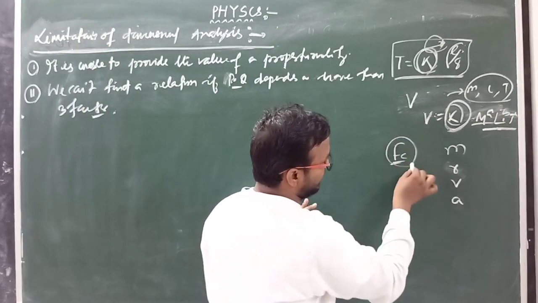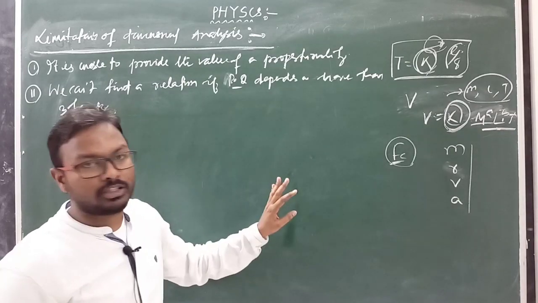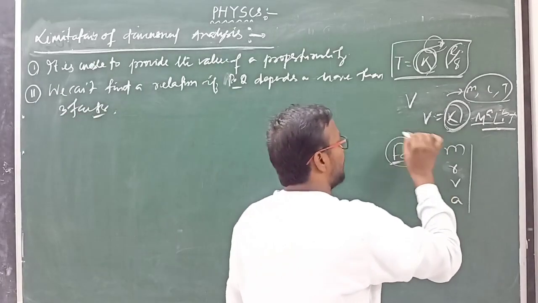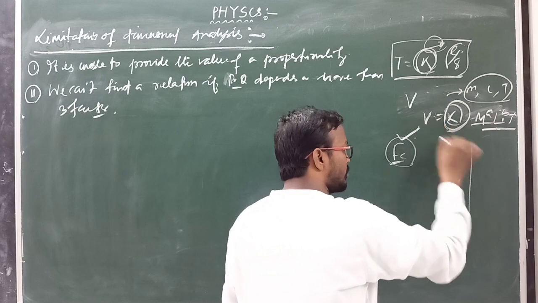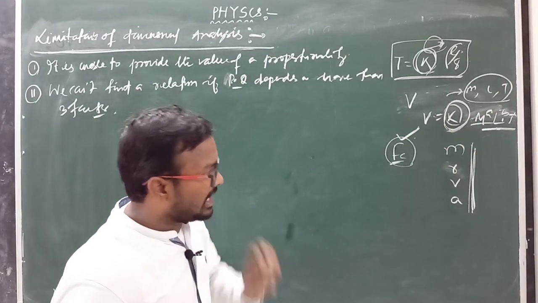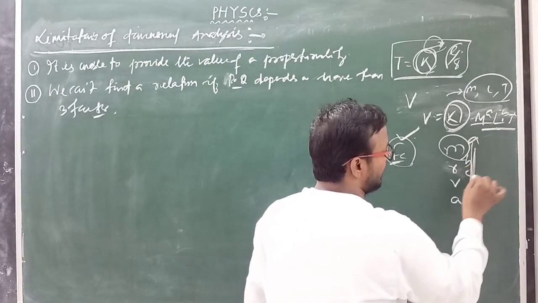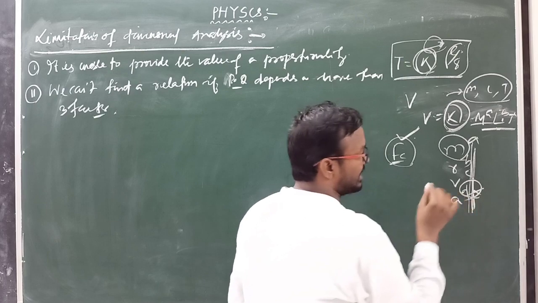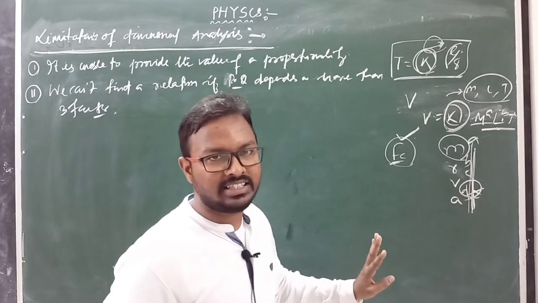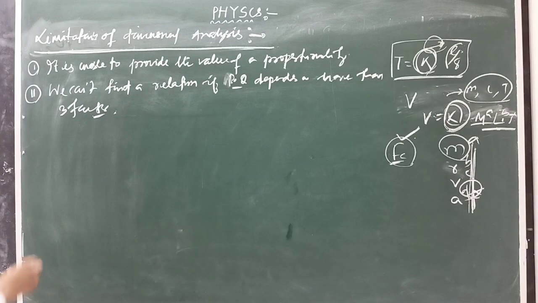Here this physical quantity depends on 4 factors, and by using dimensions we cannot find the physical relation of centripetal force by using 4 factors, because in dimensional analysis we have to use only 3 factors, power A, power B, power C. We cannot find the power D. Clear? So this is another important limitation of dimensional analysis.